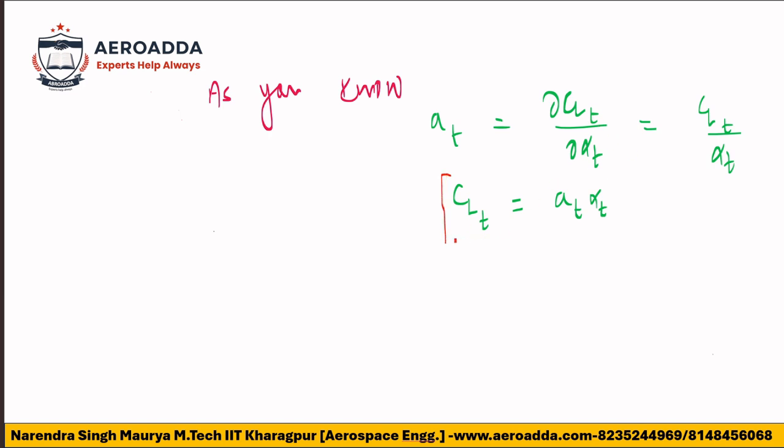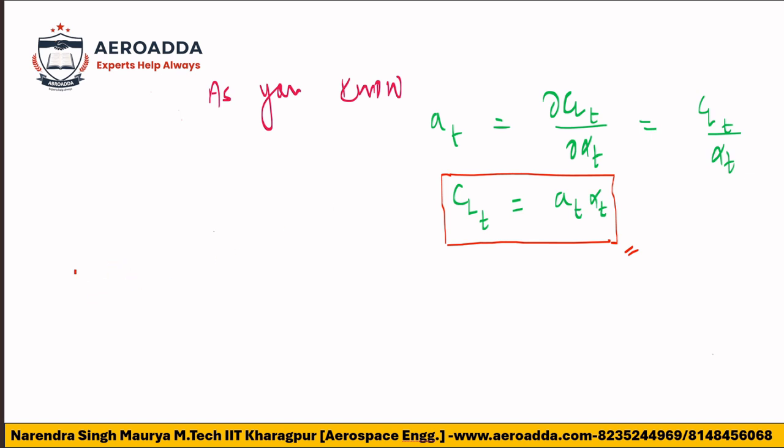Sometimes it is Δ CLT by Δ αT, for a change. For the change, a reference value will be given to you. At that time you can write CLT2 minus CLT1 divided by αT2 minus αT1. But if no reference is given, you can directly write CLT by αT, and ultimately you will get CLT equal to AT into αT, right?